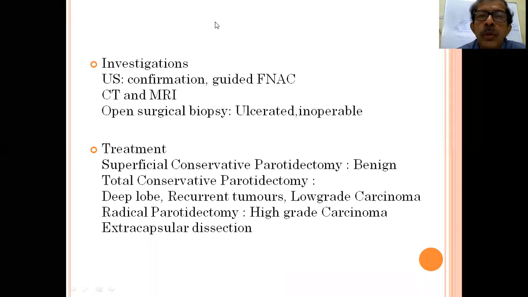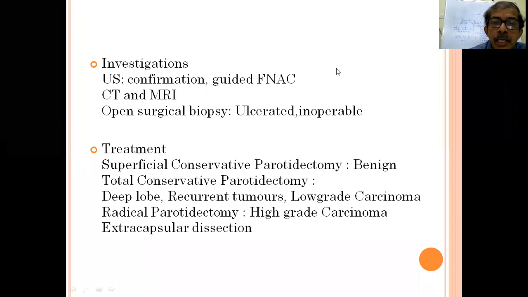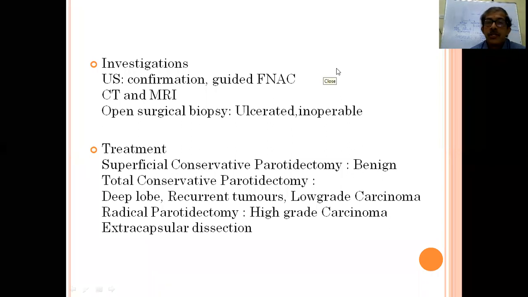Yes? Anybody? Spillage of tumor. You said it is spillage of tumor. Why is there spillage when you have done a superficial conservative parotidectomy?